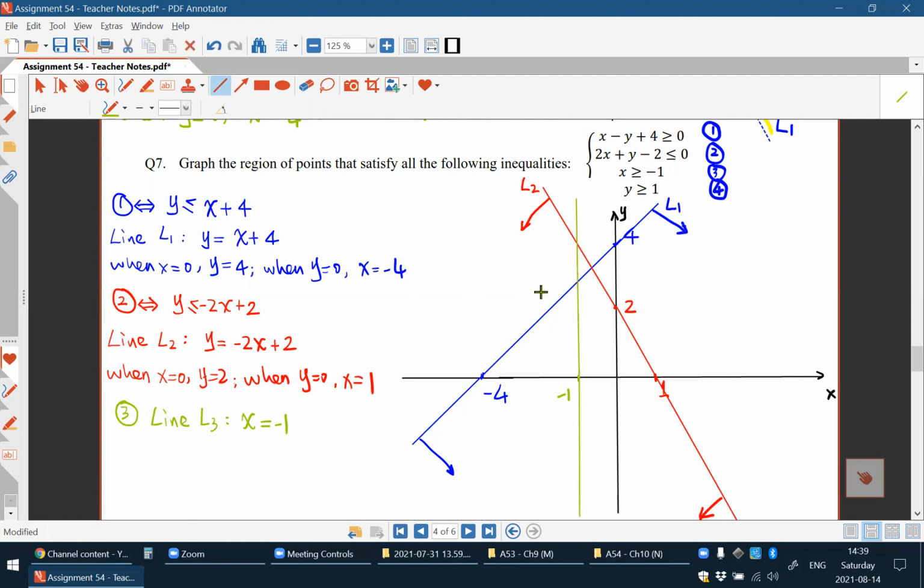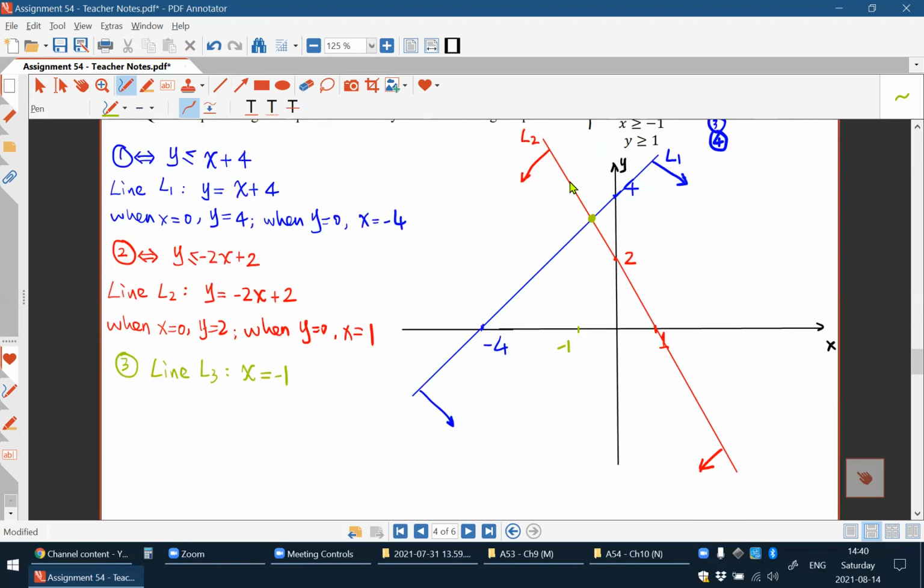Okay, so the third line probably looks like this, right? The only thing you need to check is this line passes through the intersection between L1 and L2, right? So before you draw this line, it's better to check the intersection between L1 and L2, right? Because L3 could look like this, or this, or this.